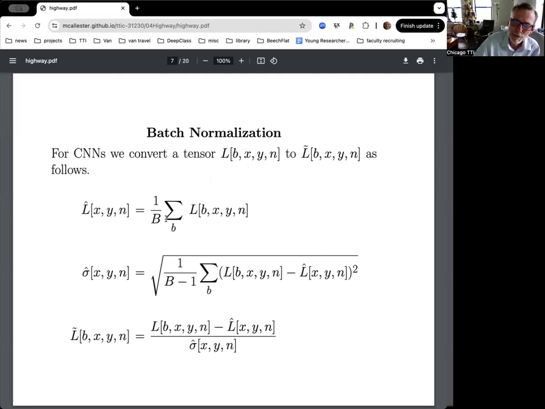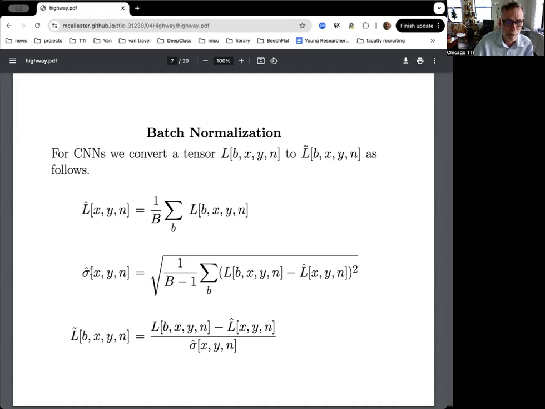I'm going to take an average over the batch. Okay, so remember, we're doing a whole batch at once. I'm taking an average over the batch of the value at that batch. So this is an average over the batch of the response of this particular neuron across that batch.